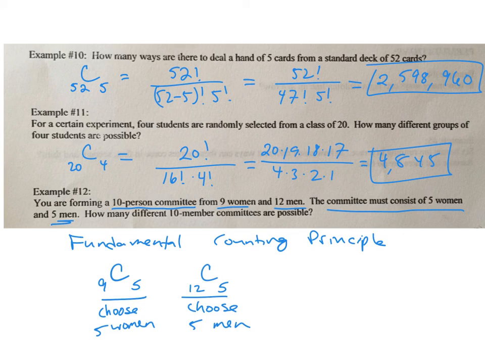It's just a subset of the larger group. We're multiplying these together because of the fundamental counting principle. There's 9 choose 5 ways to choose 5 women, and there's 12 choose 5 ways to choose 5 men. You can use your calculator to evaluate each one of those and multiply them together, and we should end up getting 99,792.